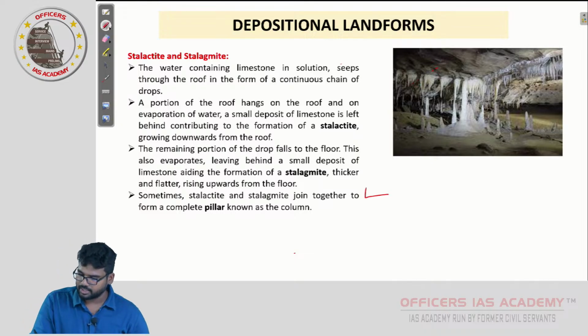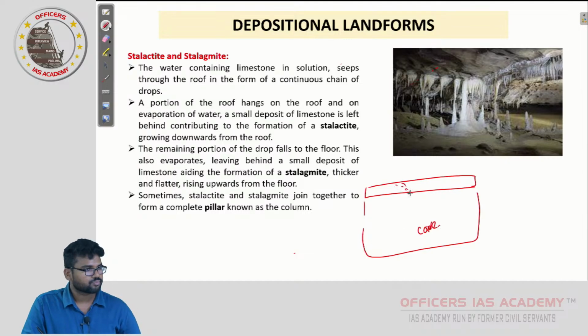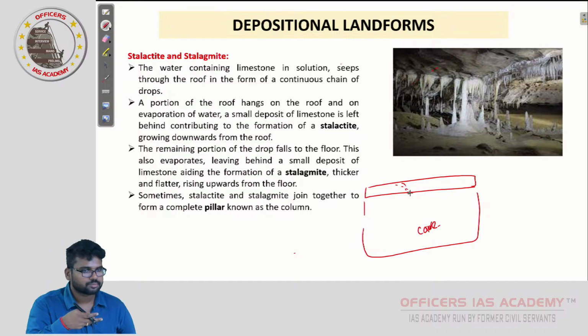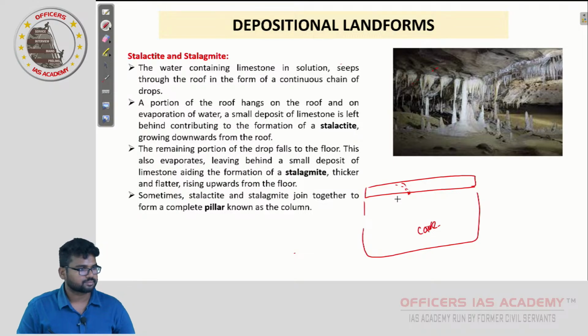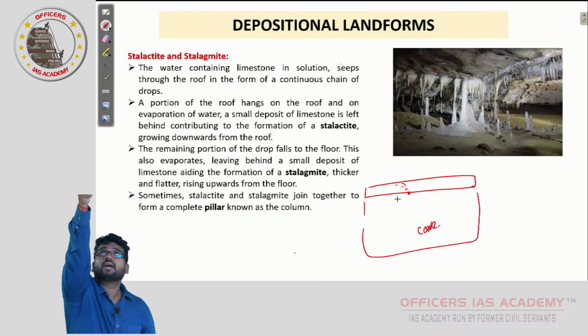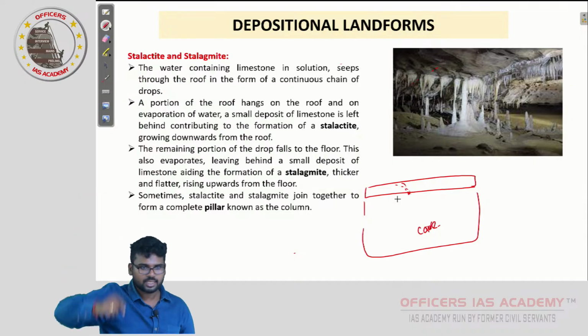So how it happens, let's say this is the top of the surface and a cave has been created. Now within the cave, when the water is sinking from the surface, it will have the dissolution of calcium carbonate. So it is actually lime water. Let's say from the top, drop by drop it is falling. Drop by drop it is getting accumulated on the surface here, and a drop is getting formed first and then it is falling.